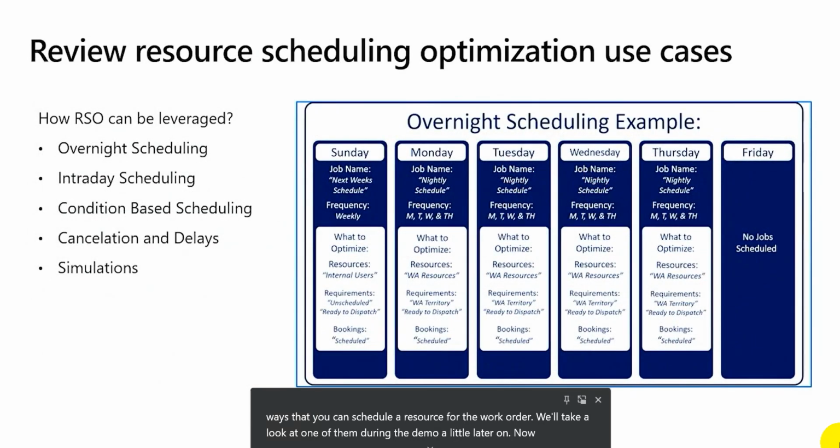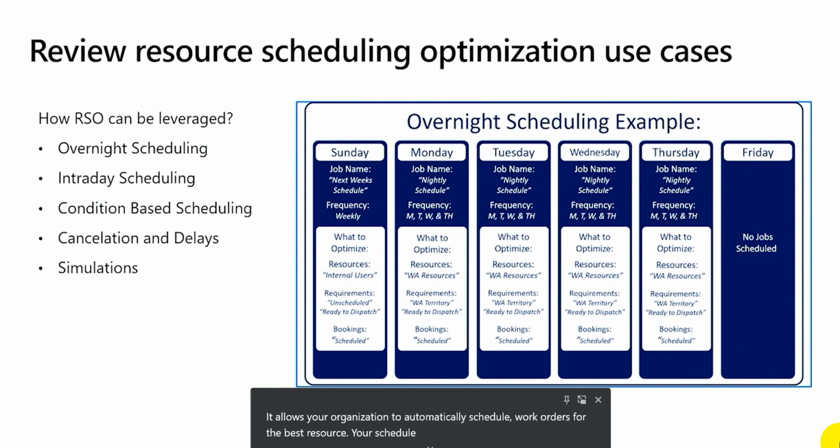Now, let's examine how resource scheduling optimization can be used to both automate and optimize scheduling. Resource scheduling optimization, or RSO, is an add-on capability for Dynamics 365 for Field Service. It allows your organization to automatically schedule work orders for the best resource.